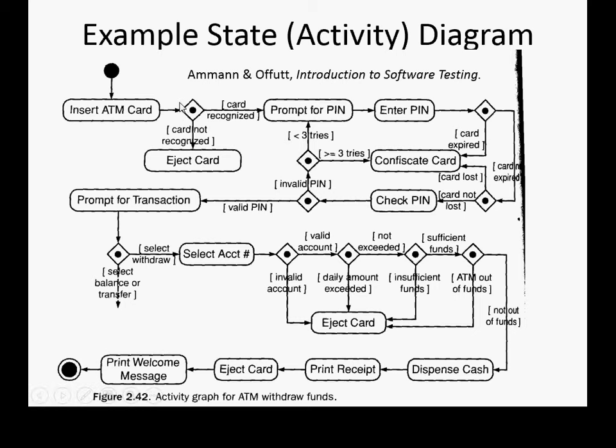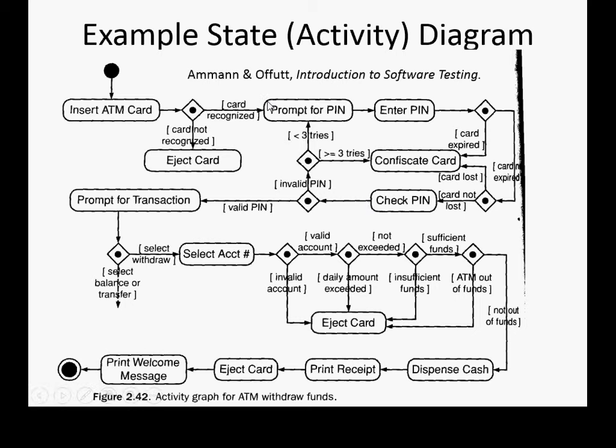It goes like this, and maybe I'll do one invalid pin try, and then, I haven't reached that. Yes, invalid pin try. It will go around 2, 3. It gets confiscated. All right. So that would be an abstract path that would get me to confiscate card.